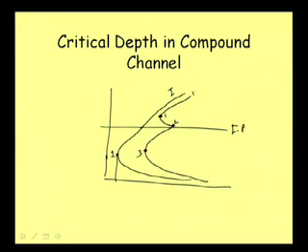This is case 2, and for the third case, what will happen? There will be a critical depth above the flood plane, but there will be no critical depth below the flood plane. This is one critical depth. So that way, in a compound section we can have 3 critical flow conditions.